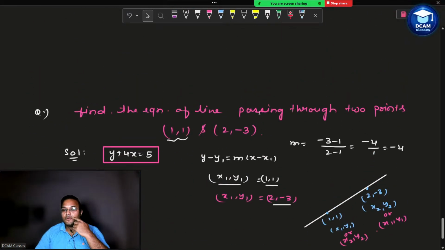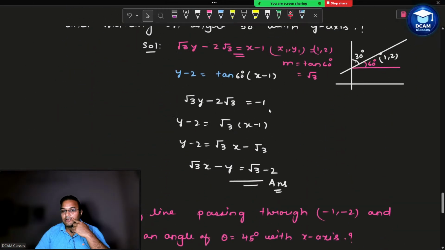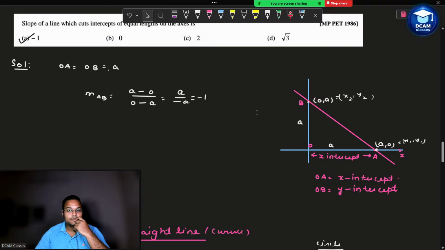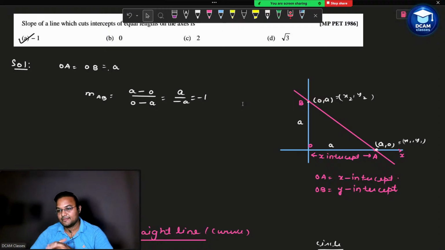Let me explain to you what intercepts are. Do you know what intercepts are? No, sir, I remember. Tell me then. When a line touches an axis, then it is called intercepting.